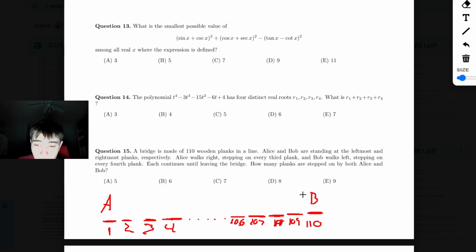And Bob jumps by 4, right? Alice jumps by 3. So she's going to step on the first plank, the fourth plank, the 7th plank, and so on.